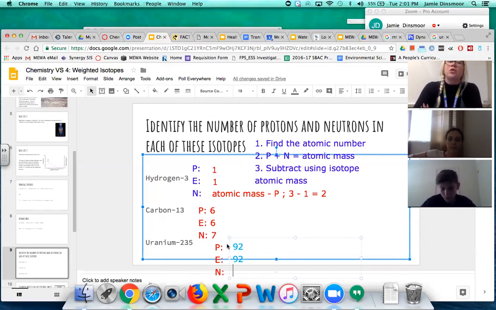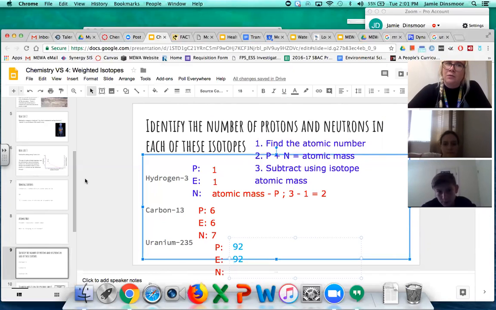How many neutrons would be in uranium-235? Okay, I'm seeing guesses. 95, Bella guesses.